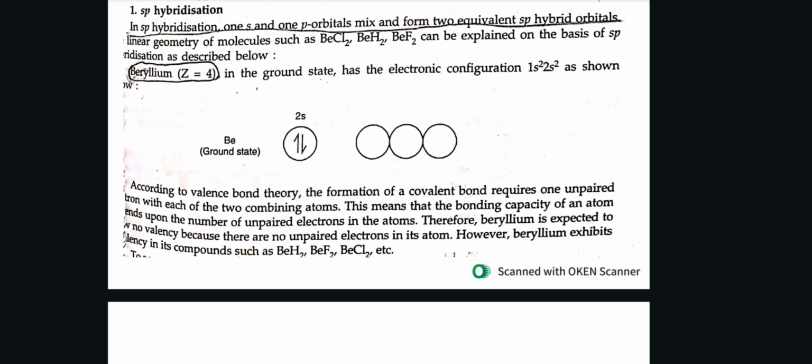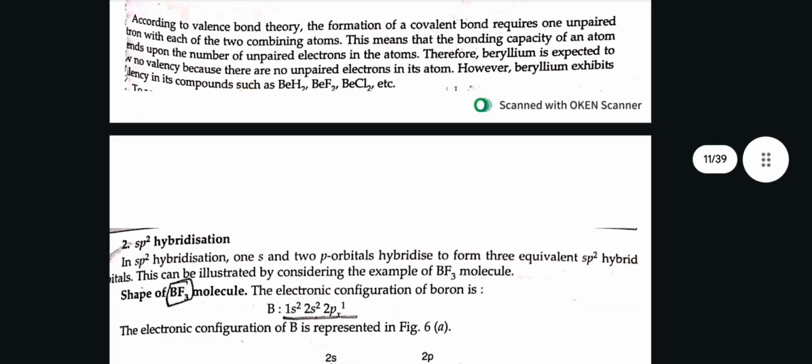This means that the bonding capacity of an atom depends upon the number of unpaired electrons in the atom. Therefore, beryllium is expected to have no valency because there are no unpaired electrons in its atom. However, beryllium exhibits valency in its compounds such as BeH2, BeF2, BeCl2, etc.